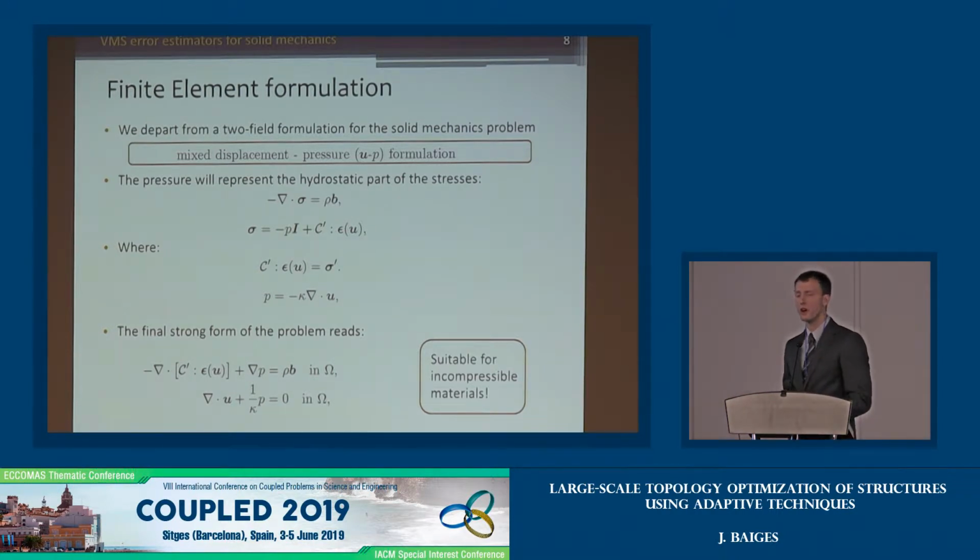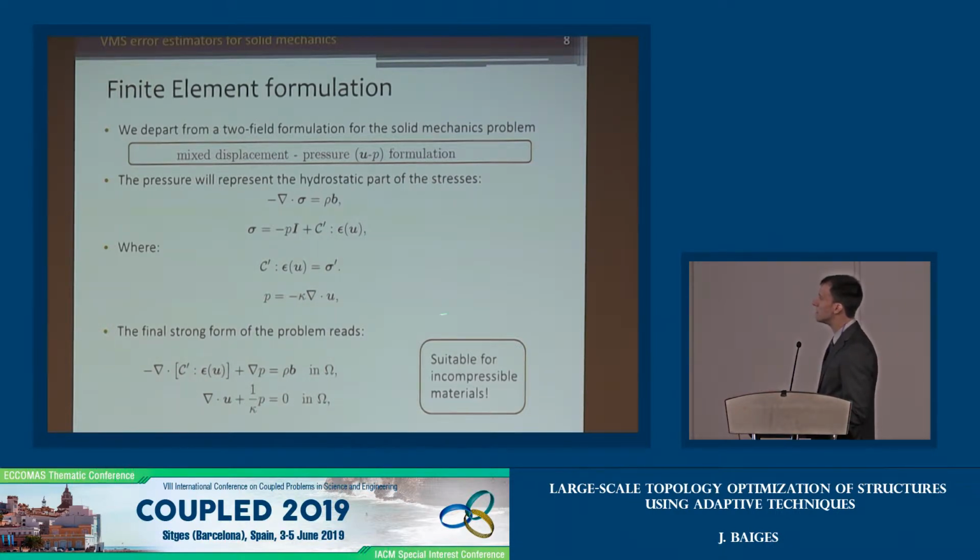For our solid mechanics finite element formulation, we are going to use a mixed displacement-pressure formulation. So both the displacement and the pressure are going to be unknowns of our problem. If we do this, the pressure is going to represent the hydrostatic part of the stresses. So if this is our momentum equation here, the stresses are going to be decomposed into the volumetric part, which is represented by the pressure, and the deviatoric part, which is going to be represented by the deviatoric constitutive tensor times the strains.